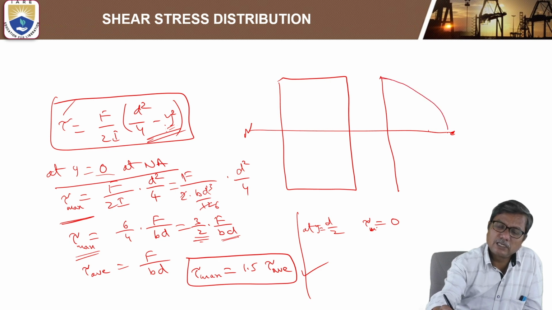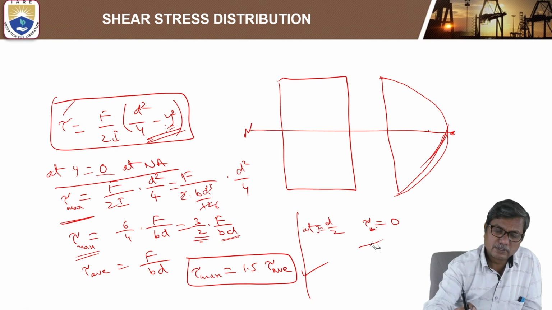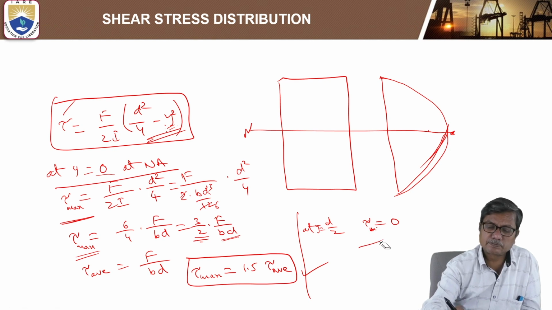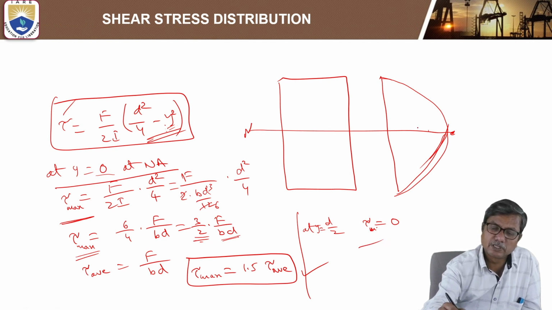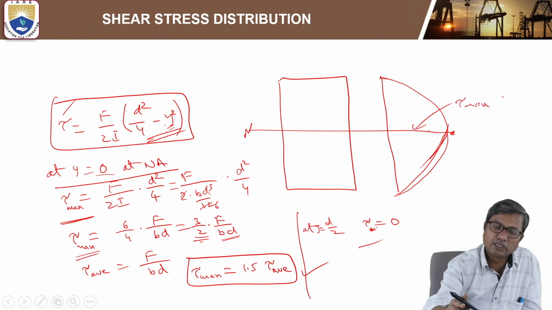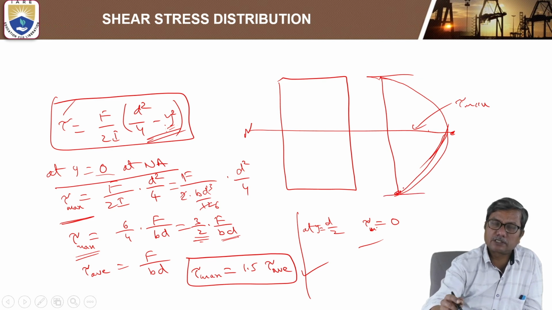And how about the variation of the shear stress? It is parabolic. The variation of shear stress is parabolic. So here the shear stress is maximum, and at the top end and bottom end you will have zero shear stress.